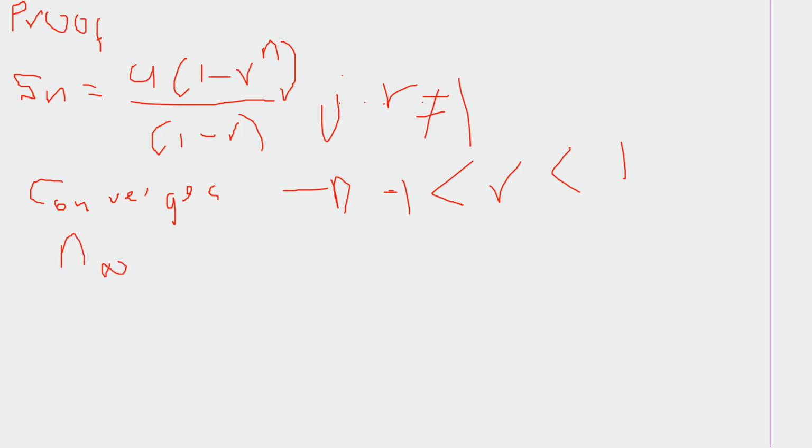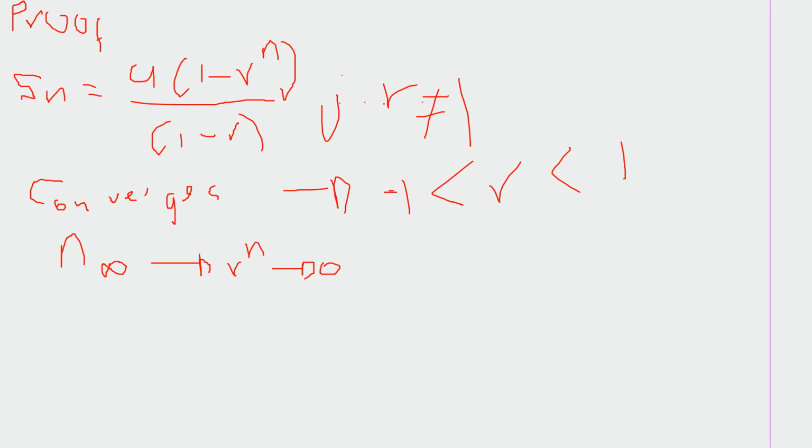And then we have this condition of a converging sequence. We will actually say that the value of r^n will approach 0, or it will be 0.